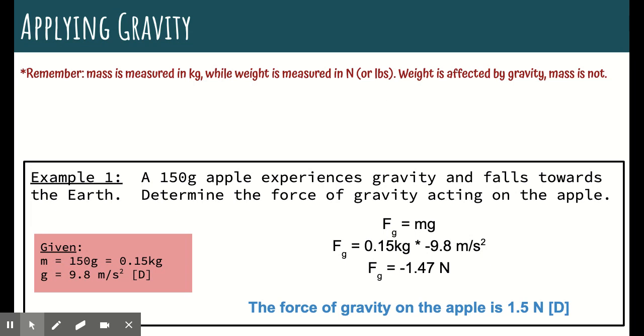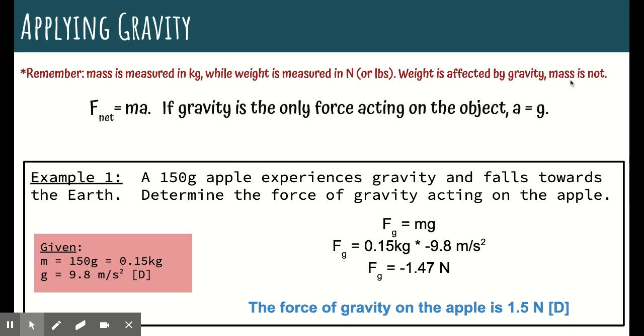So if we're going to apply gravity to some analysis questions here, remember, we know that mass is measured in kilograms and weight is measured in newtons. Pounds would be the non-metric unit for that. So we have kilograms to describe mass, or grams, and then weight should be in newtons. Weight will be affected by gravity and mass will not, which makes sense, right?